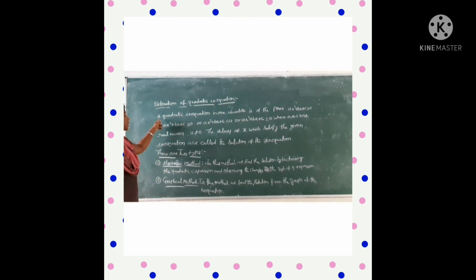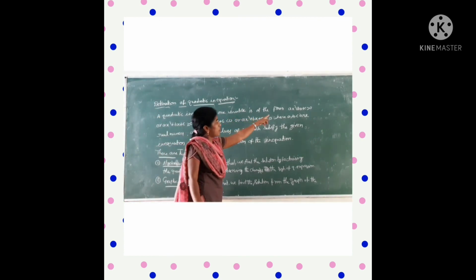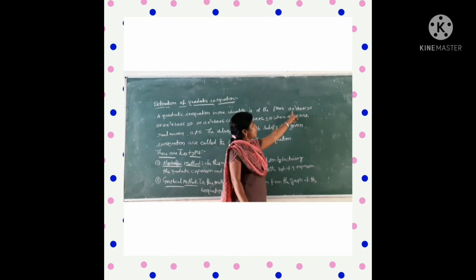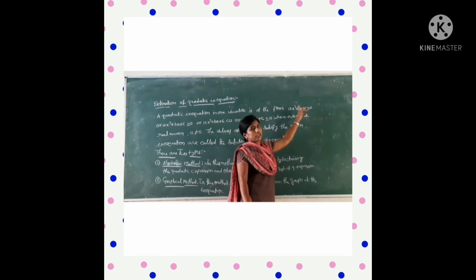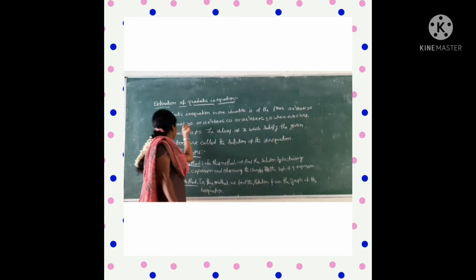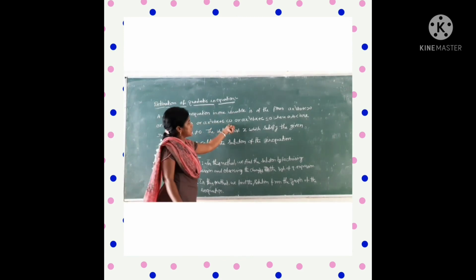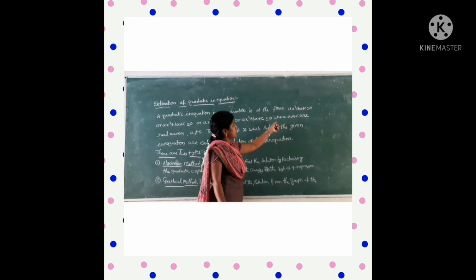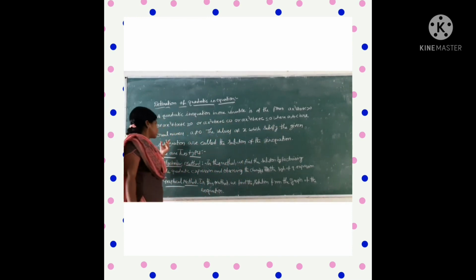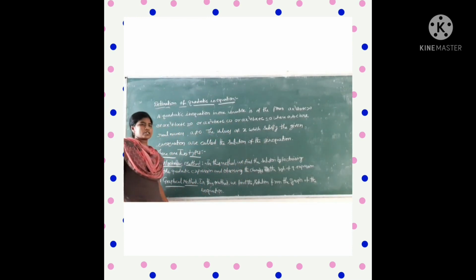Okay, see here, a quadratic inequation in one variable is of the form ax square plus bx plus c is greater than 0, or greater than or equal to 0, less than 0, or less than or equal to 0. Here a, b, c are real numbers and a is not equal to 0.